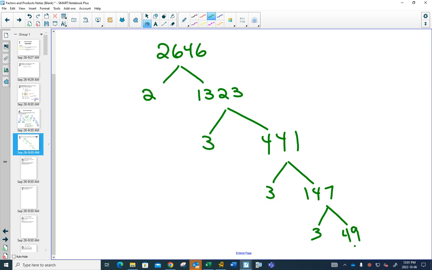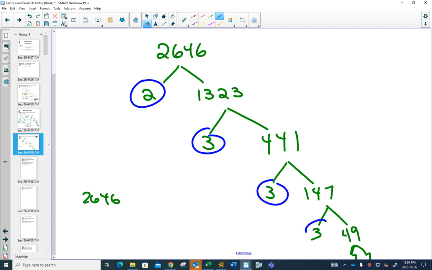And then 49, which is 7 times 7. So the prime factorization of, let's just circle with a different color, this is prime, prime, prime, prime, prime, prime. 2 times 3 cubed times 7 squared.